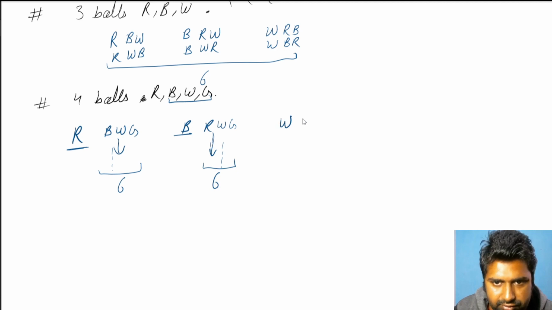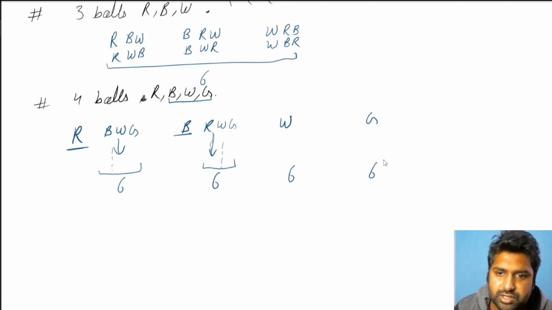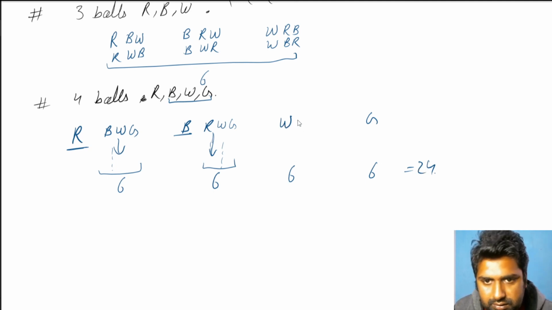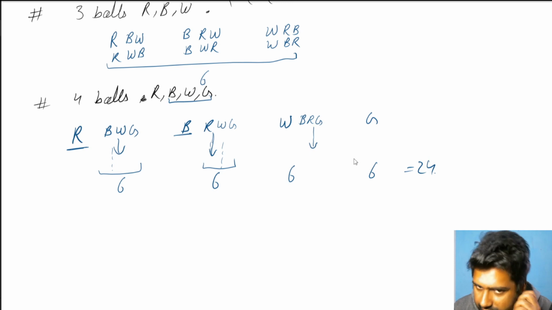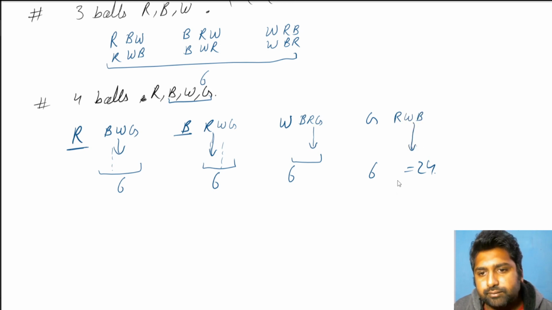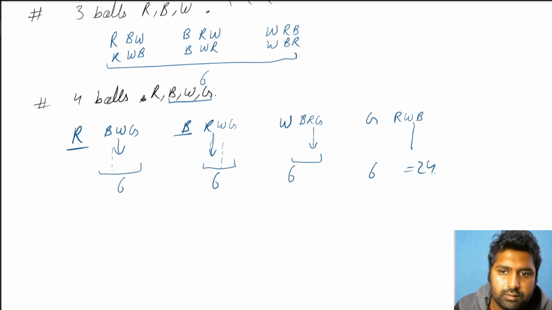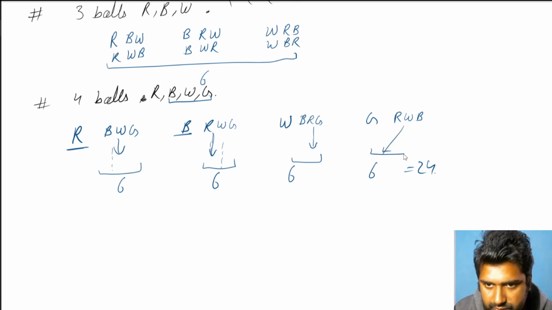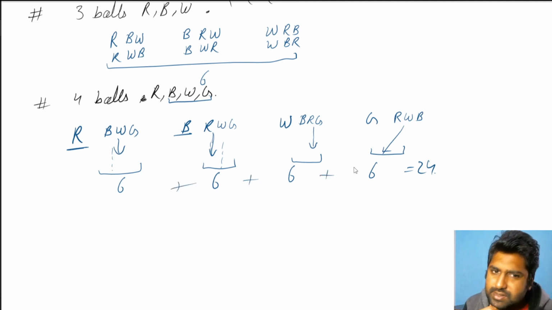For white at first, you will have 6, and for green at first, you will again have 6. So the total is 24 ways, or 24 arrangements as such.